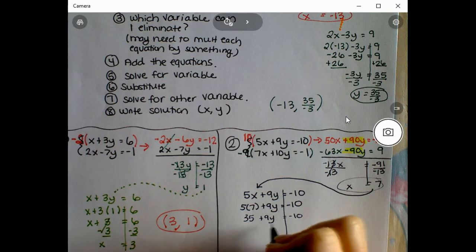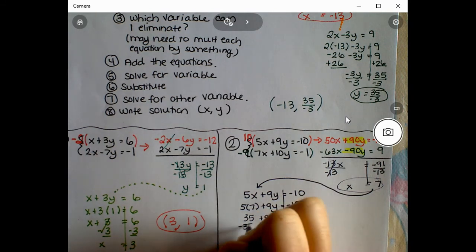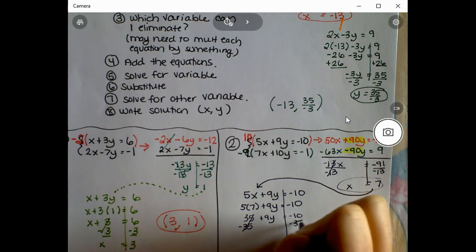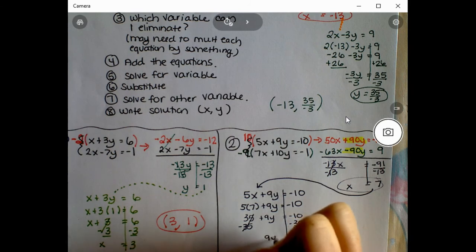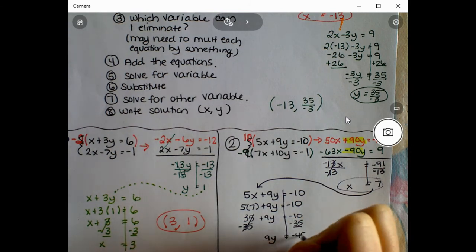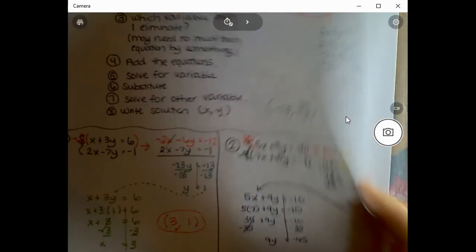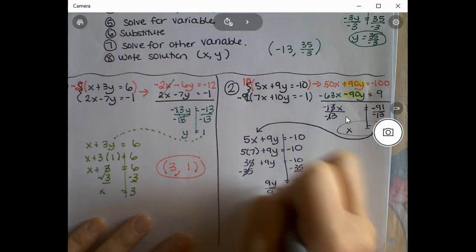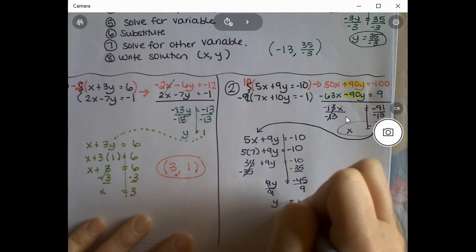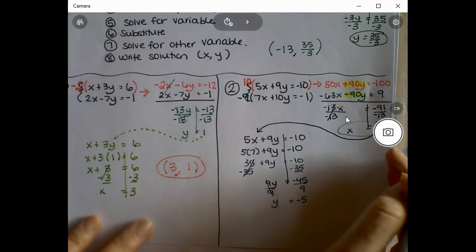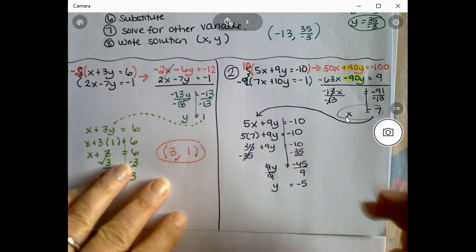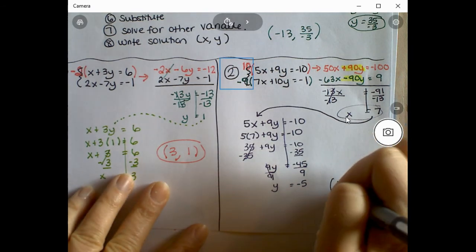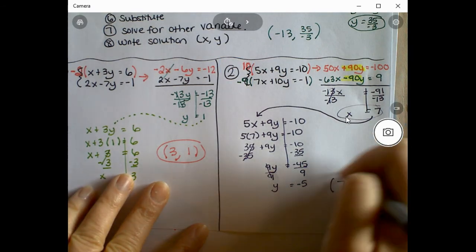Okay, we want to get the y alone, so we're going to move the 35 by subtracting it from both sides. 9y equals negative 45. Divide both sides by 9 to get the y alone. Y equals negative 5. So the answer would be x is 7, y is negative 5.